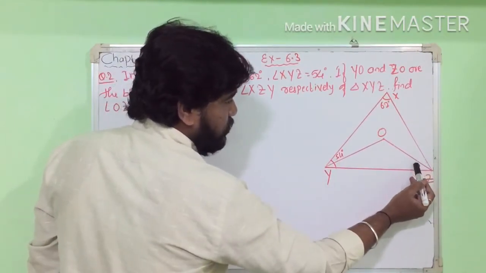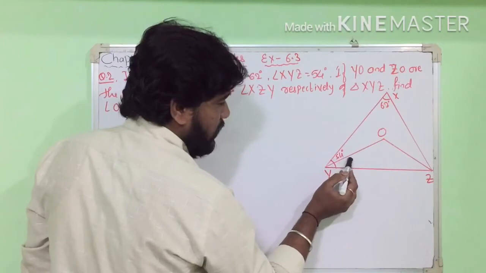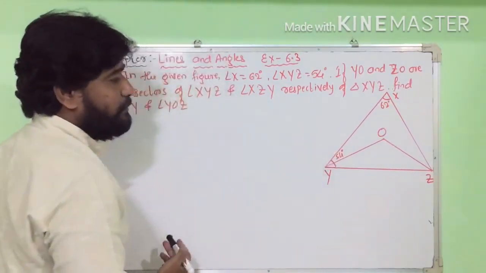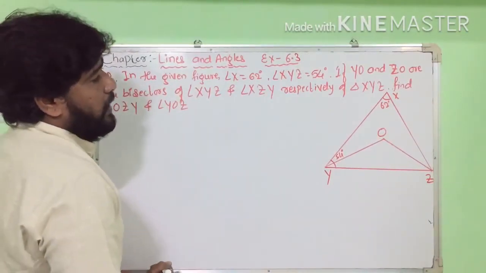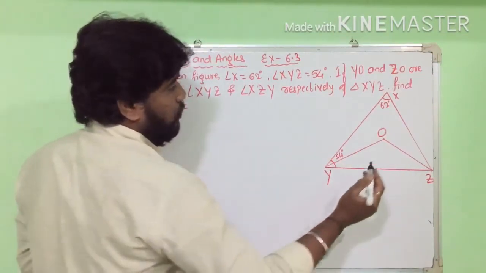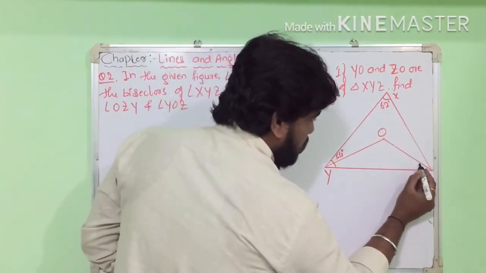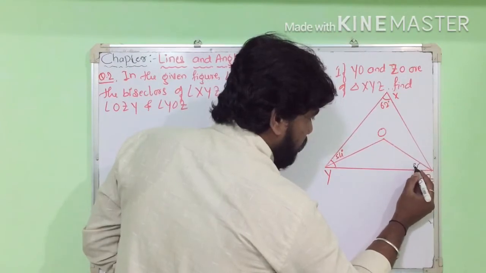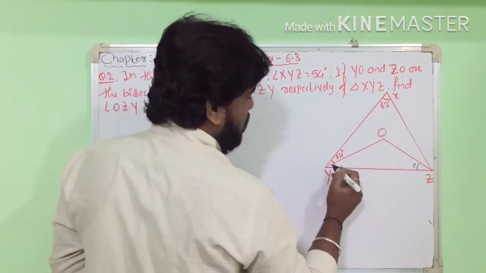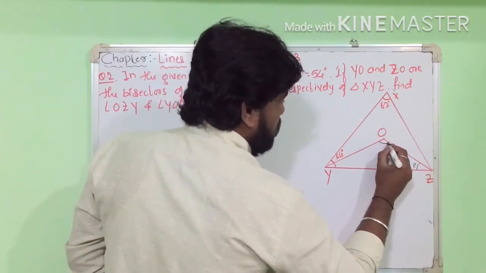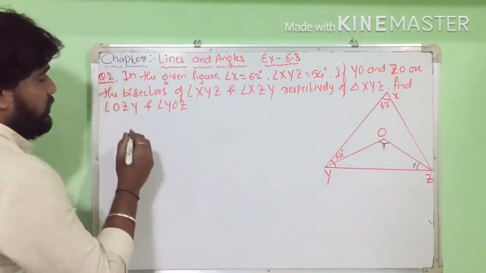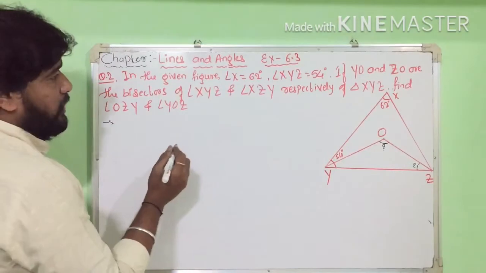Here bisect means these two angles are equal to each other, because OY bisects this angle, right? In the triangle XYZ, find the angle OZY. So this angle we want to find out. And another one, YOZ. So this angle we want to find out here. These two angles, right?